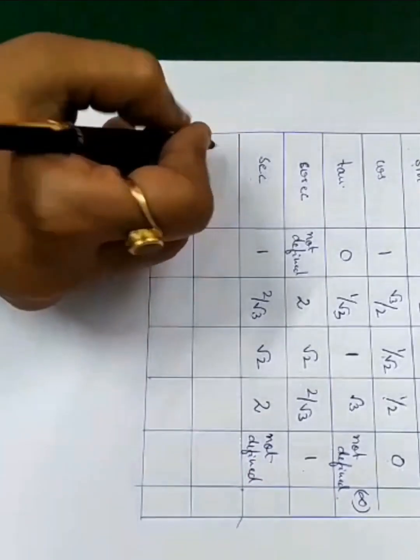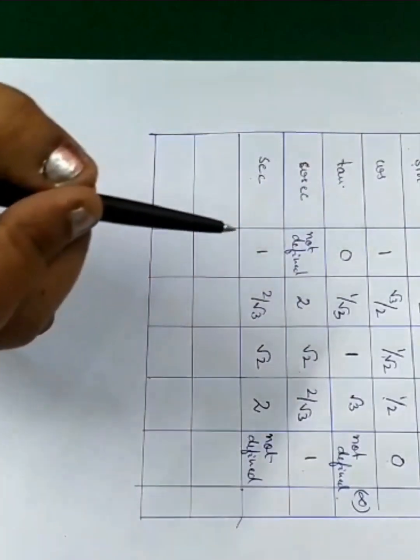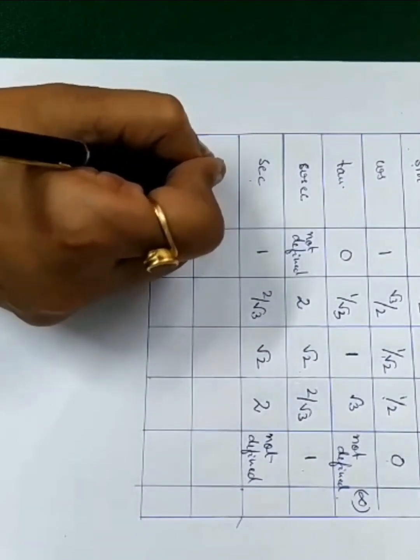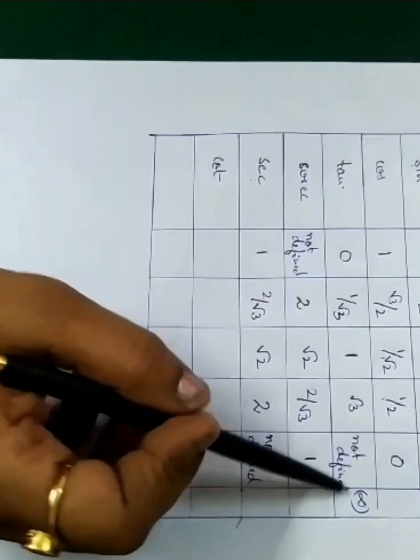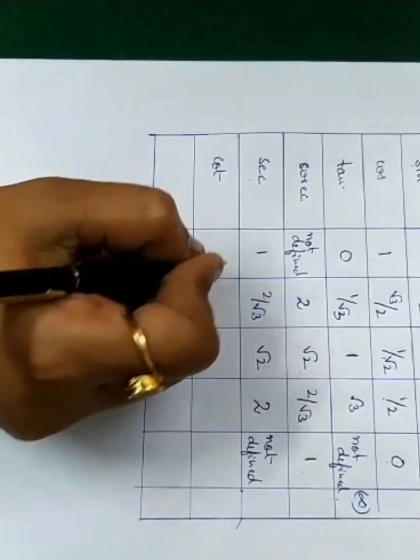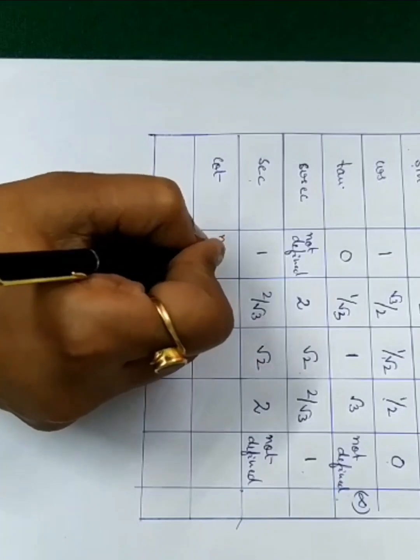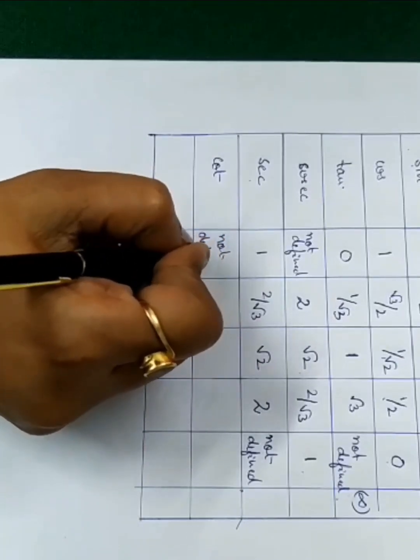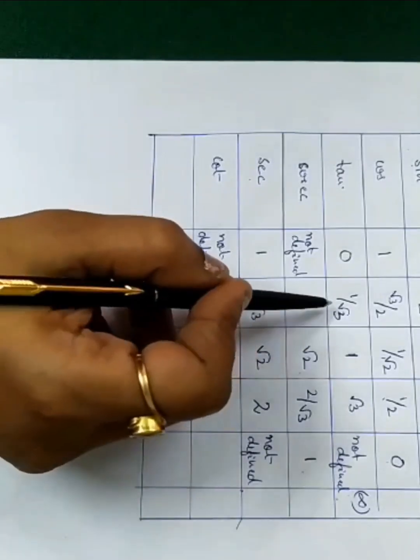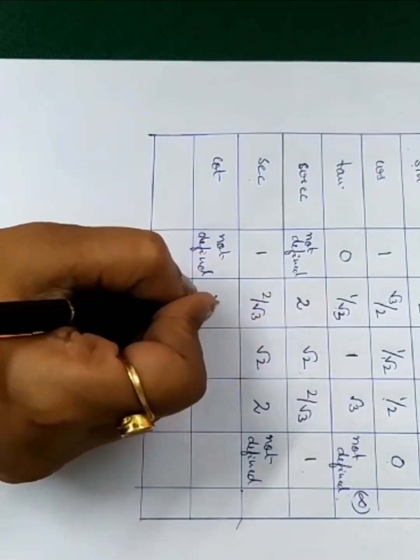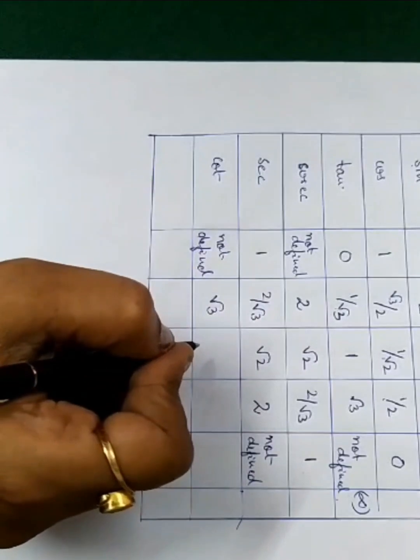Now the reciprocal of tan is cot. So you take the reciprocal of the tan table. Cot 0 is 1 by 0, which is again not defined. Cot 30 will be the reciprocal of tan 30, which is root 3.